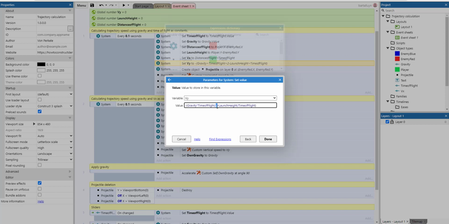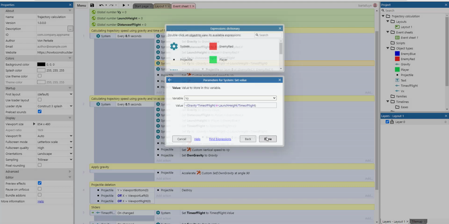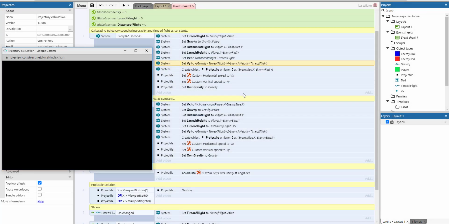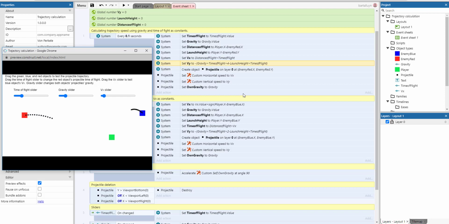So what happens here if we don't do that? Let's do a trick here, and let's divide it by 4 instead of 2, and you will see what happens. So you see here where the projectiles end up. They end up much too short, actually.